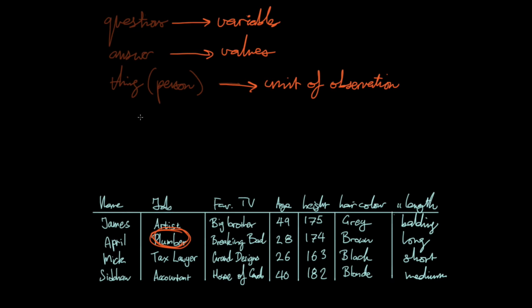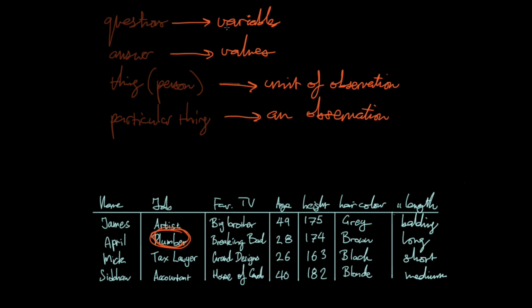So, if the unit of observation is a person, in this particular case, then we have a special name for a particular person, or a particular thing, and that is simply an observation. So let's go back to our table. Remember how we said that there were questions in the columns and people in the rows? Well, when we're using our statistical terminology, we say that we've got variables in our columns.